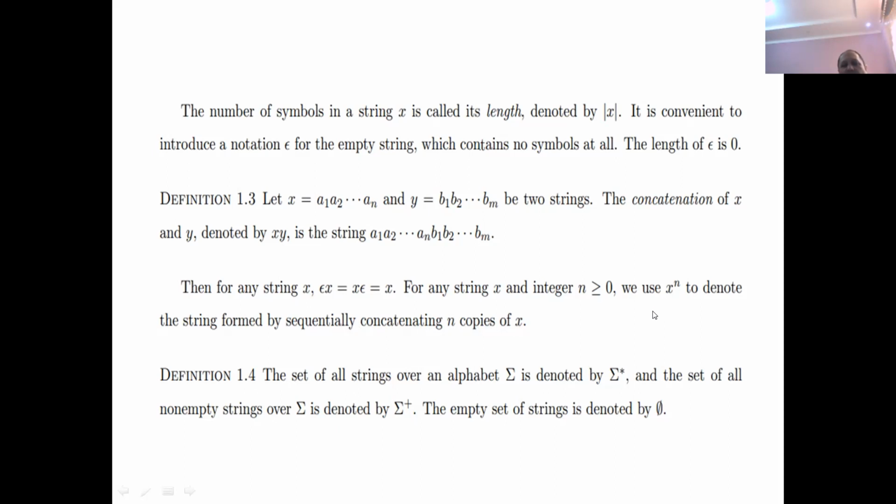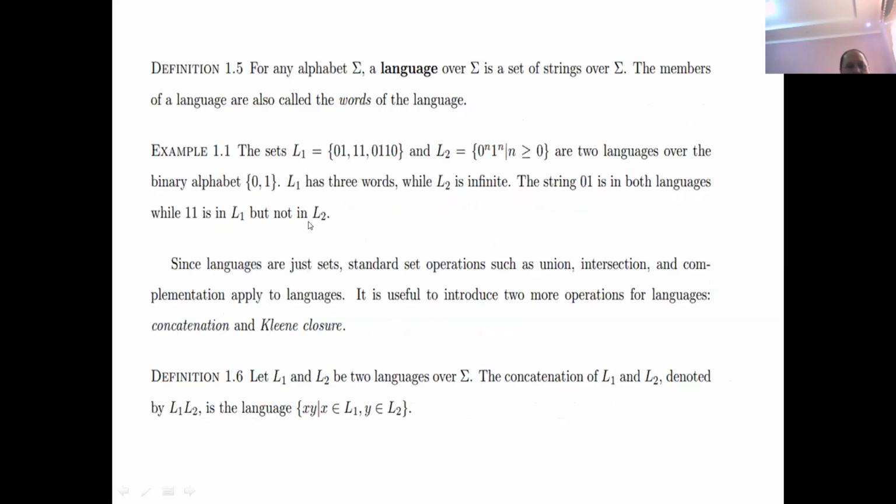So, for example, as x we take a, and as n we take 3. What does x cube mean? It is consecutively writing a 3 times. Example.